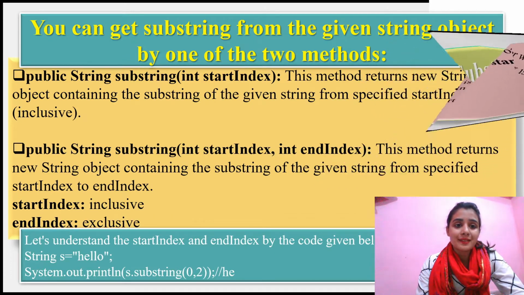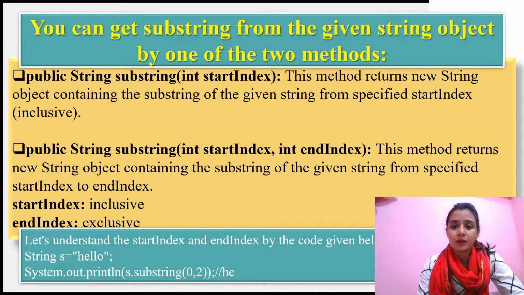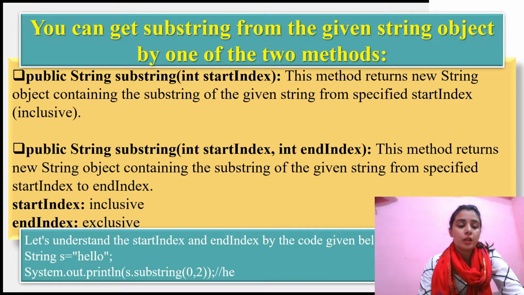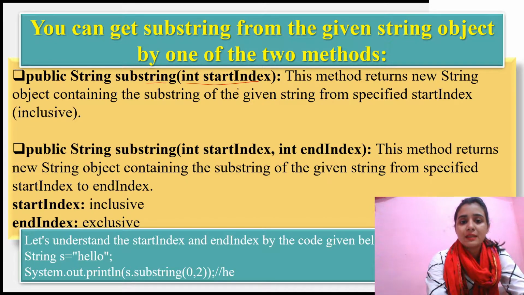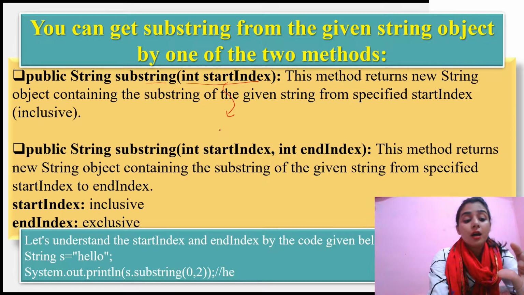Now there are a few points we have to remember whenever we are using the substring function. This is my substring function, and here obviously we have to give an integer value, a positive integer value, that will be the index value of that particular string.